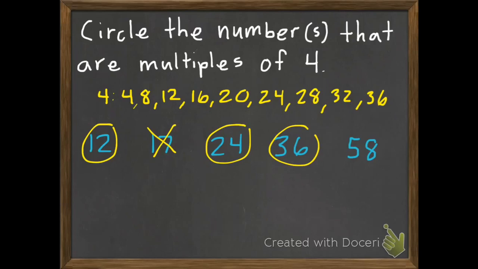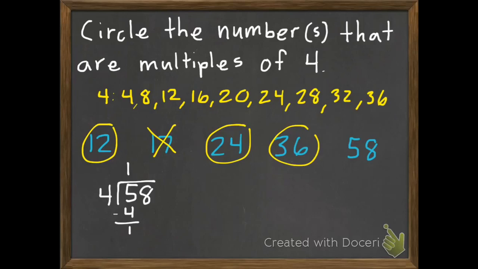So there is another strategy you can use to figure out if something is a multiple. You can just divide it. And if it divides evenly with no remainders, then you know it is a multiple. So I'm just going to divide 58 by 4. So how many times does 4 go into 5? Once. 1 times 4 is 4. 5 subtract 4 is 1.